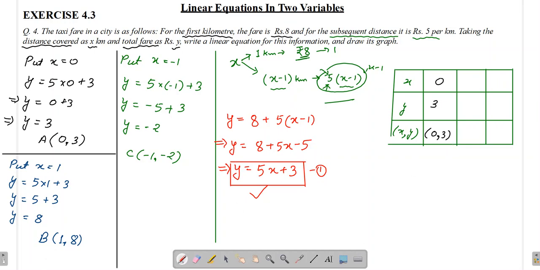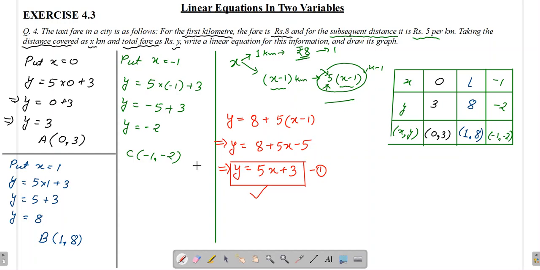The second, we have substituted x as 1, we have got y as 8, so 1 comma 8 is the second solution. And the third one, we have written the value of x as -1, we have got y as -2, so -1 comma -2 is the third ordered pair.